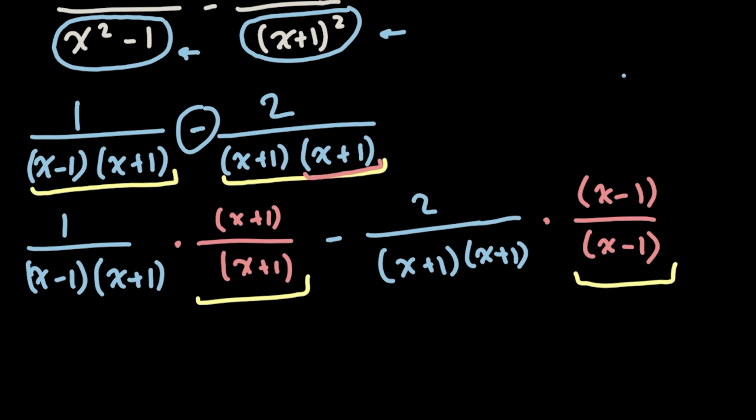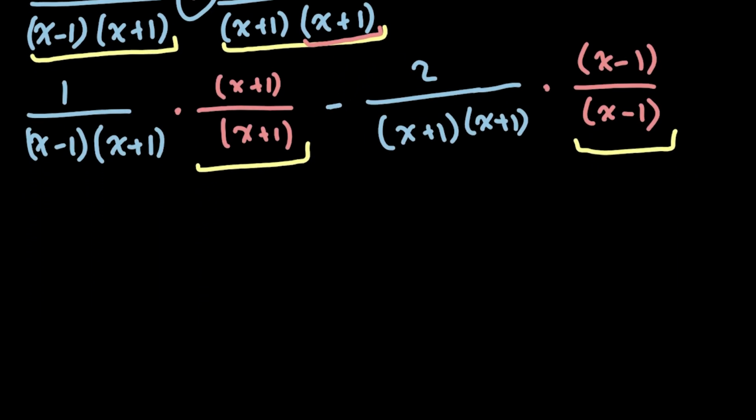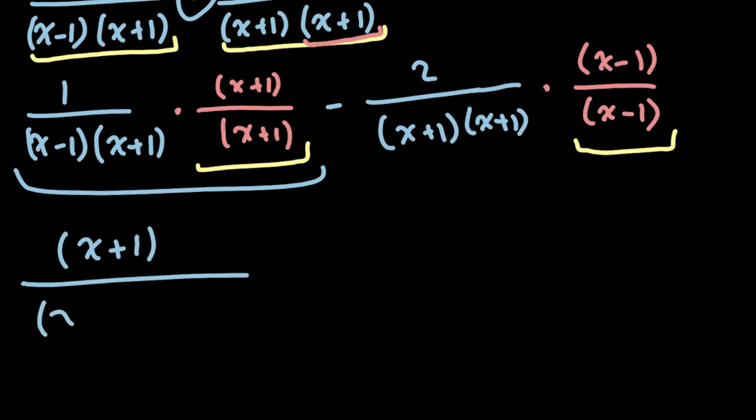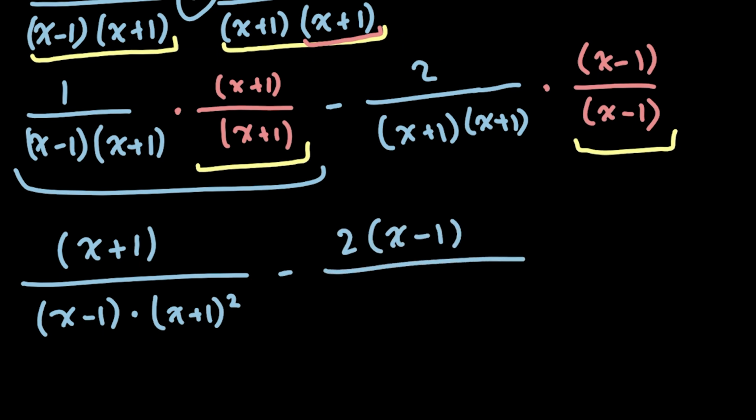So let's see what we will have. For this part here, we'll have x plus 1 over x minus 1 multiplied by x plus 1 squared, minus, here we will have 2 times x minus 1 over x minus 1 multiplied by x plus 1 squared.